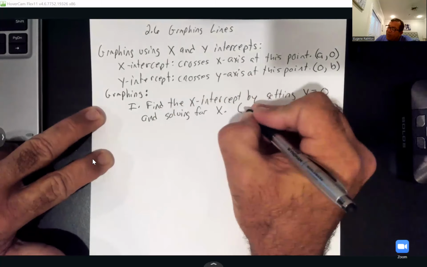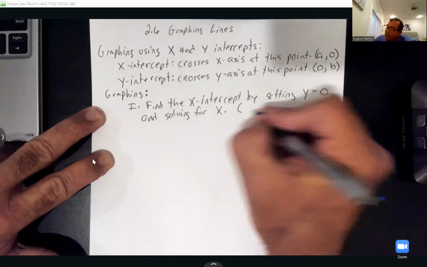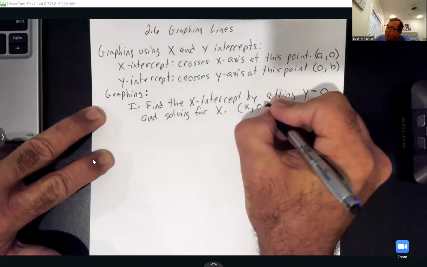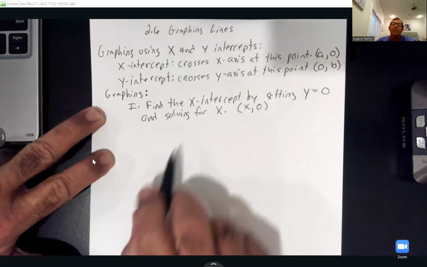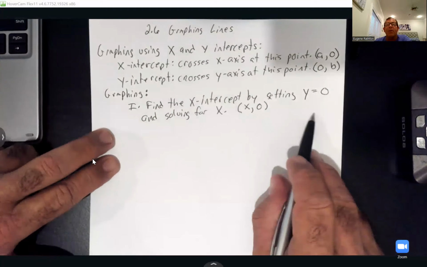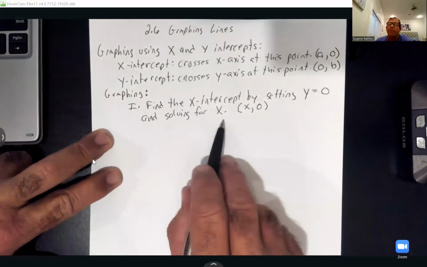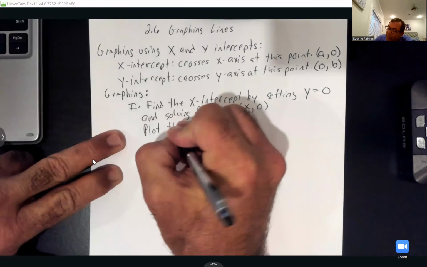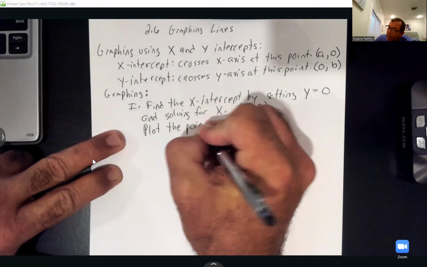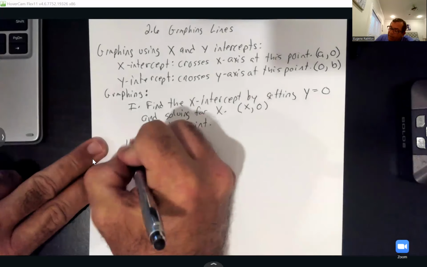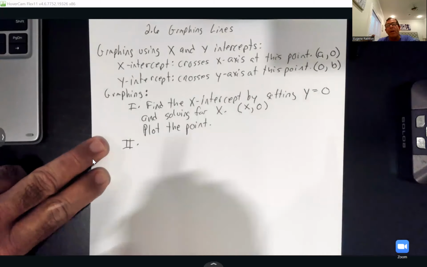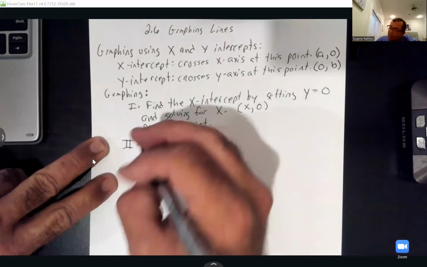That'll give me my x value for my x-intercept, which will be x comma 0. Okay, so I'm going to find the x-intercept by setting y equal to 0 and solving for x. And then I'm going to plot this point. So once I plot that x-intercept on my graph, I got 1 point. So I need my second point.